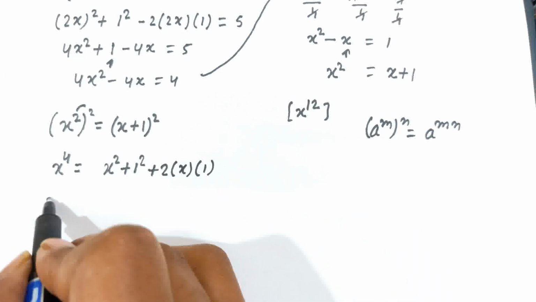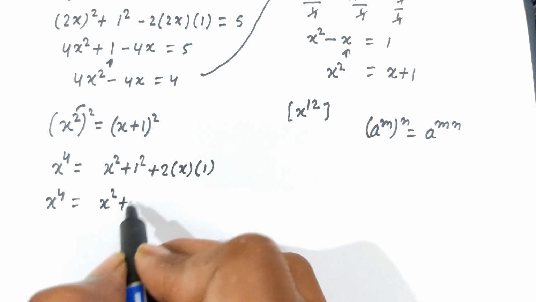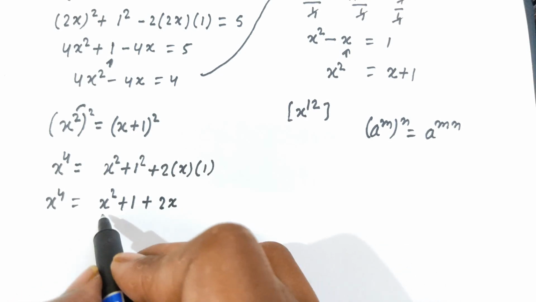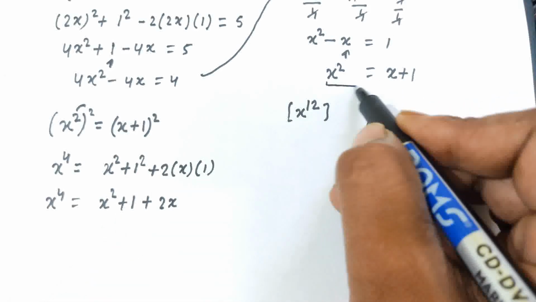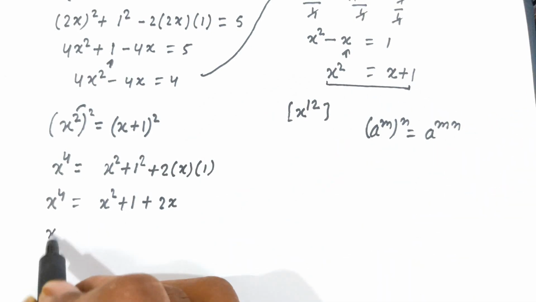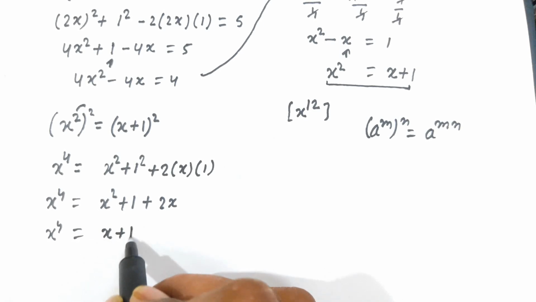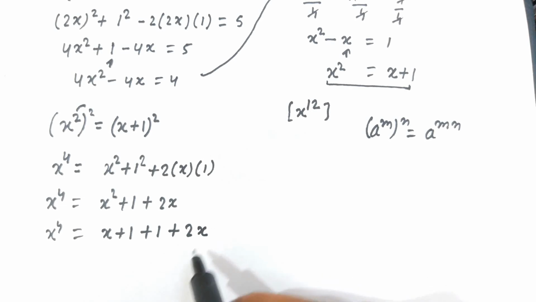Then on the left hand side is x power 4. This is equal to x square plus 1 plus 2 times x. Now here x square, and we know that the value of x square is x plus 1. So on the left hand side is x power 4, this is equal to x square replaced by x plus 1, and here plus 1 plus 2 times x.